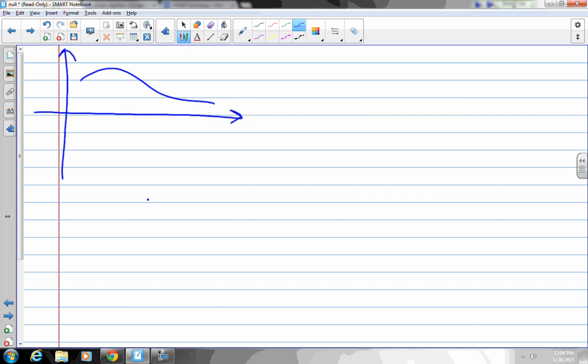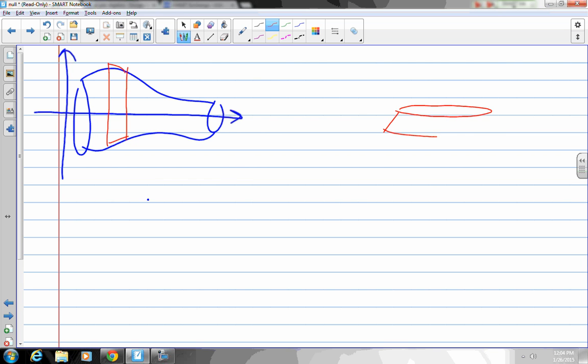So let's say I rotate this thing around the x-axis. Then I'll just take little strips, right? I'm just going to cut this little piece, and I can find its area. So it's an area of, what do we call that thing last time?